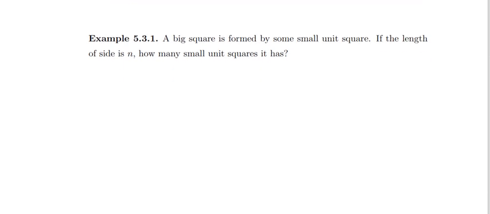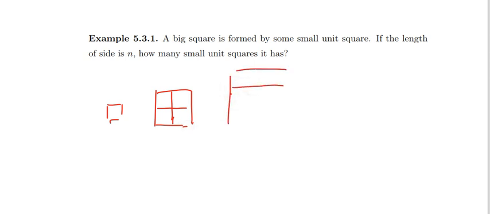Sometimes these things are related to n squared. Just like that, a big square is formed by small unit squares. Suppose this is a small square. We can make a big square, right? This side has length 1, here length 2, here length 3.